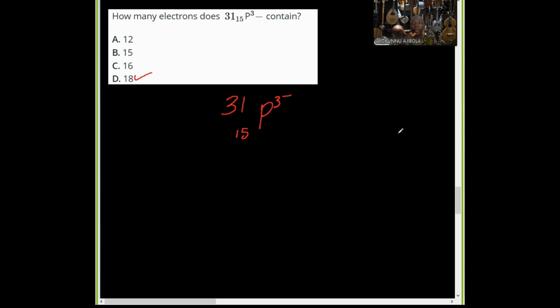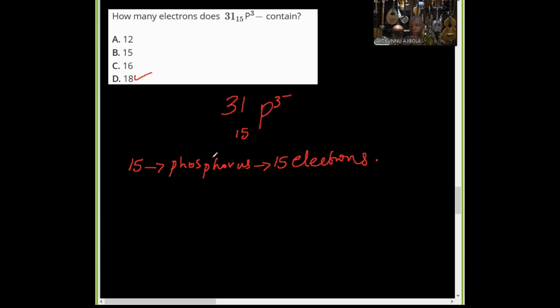This 15 means phosphorus has 15 electrons because that's the atomic number. Proton and electron are the same, but proton and neutron are not the same. Okay? Is that clear?